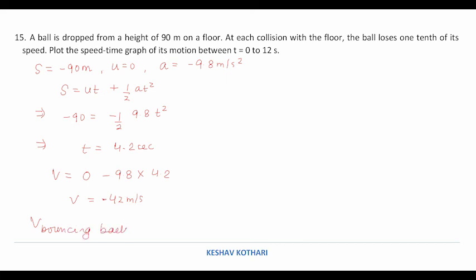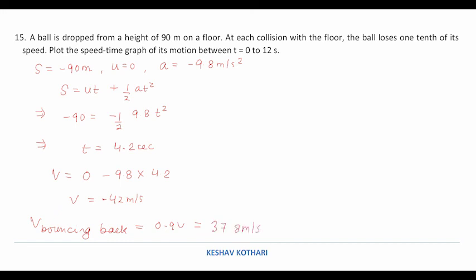So the question is saying that it is bouncing back after losing 1/10 of its speed. So I can say with 90% of the speed. So we are doing 0.9 v and we calculate it to be 37.8 meter per second.